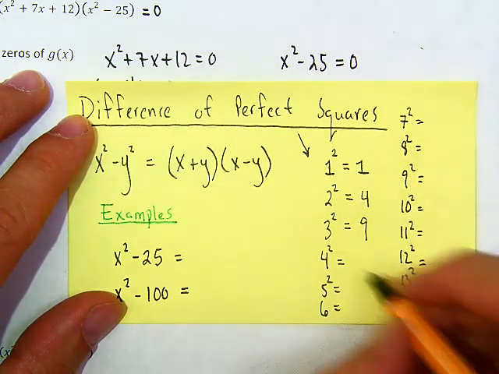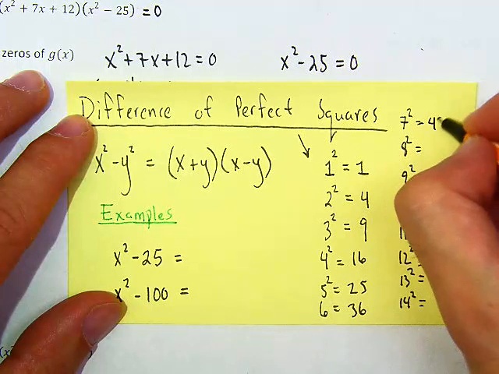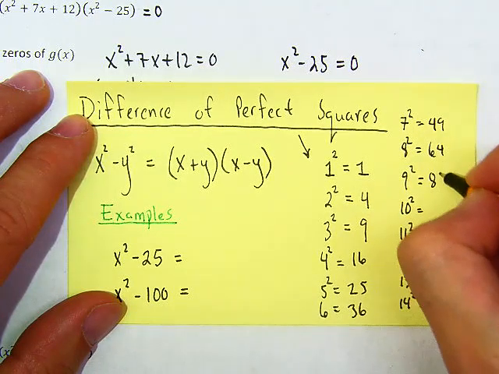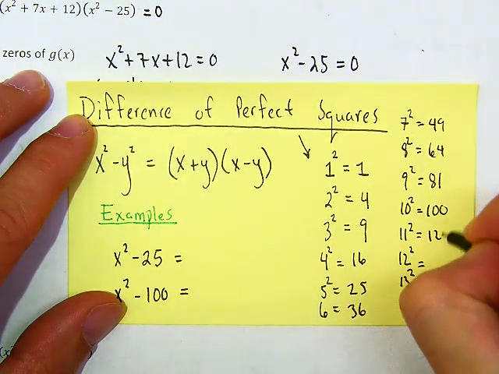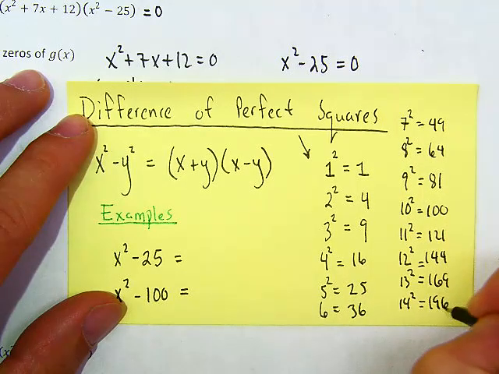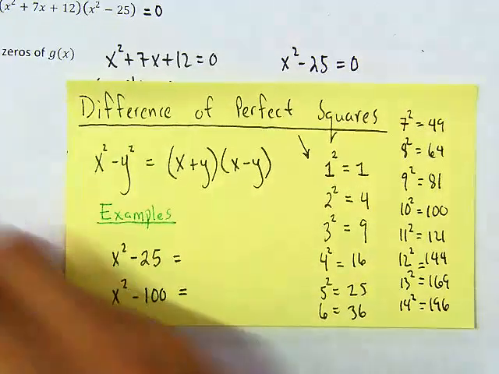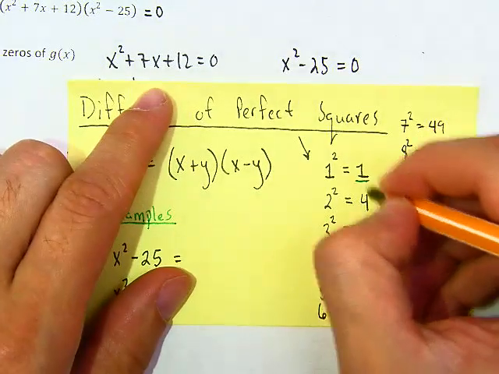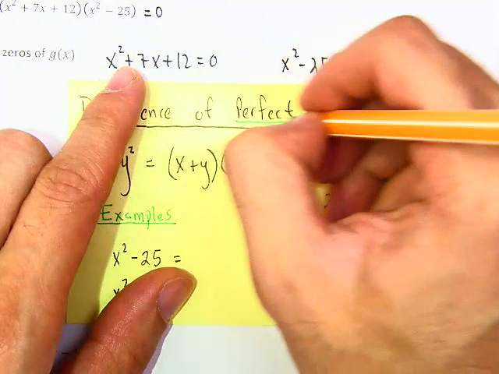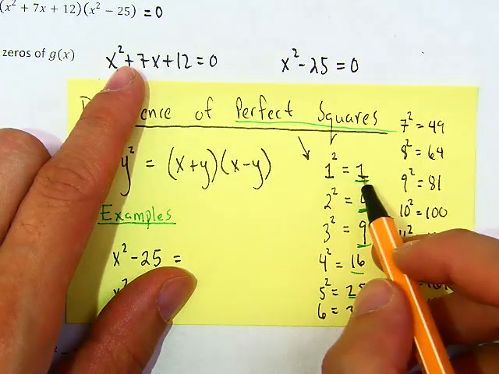So here, this is 16, 25, 36, 49, 64, 81, 100, 121, 144, 169, 196, and you can keep going. These numbers over here are the perfect squares, because you have a number, and when you square it, it gives you that.